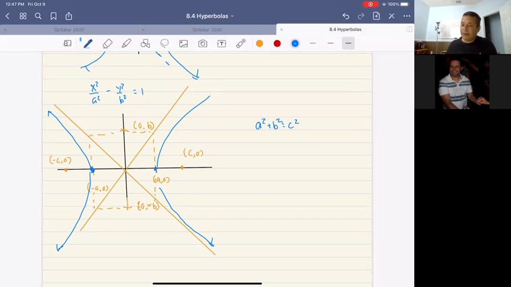The way I remember this, thinking back to the ellipse, is that my c has to be definitely bigger than my a. So the c is the one that's going to be on its own. Remember, with the ellipse it was the other way around, the a had to be bigger, but now we're in hyperbolas, so the c has to be bigger. It's on the outside here, so a squared plus b squared is going to give us c squared.